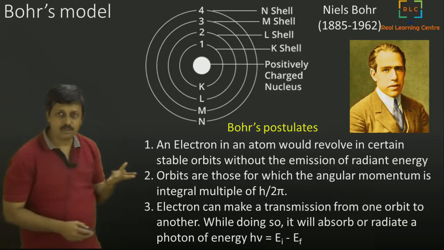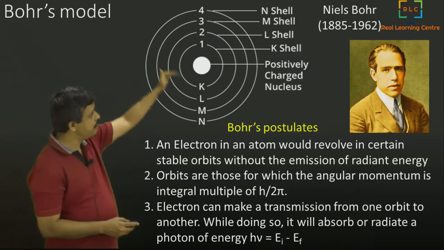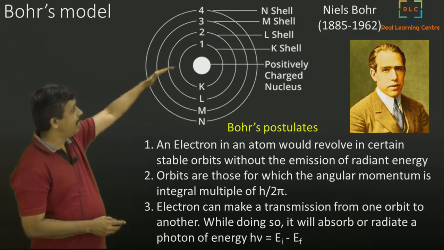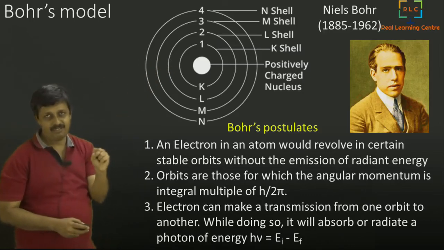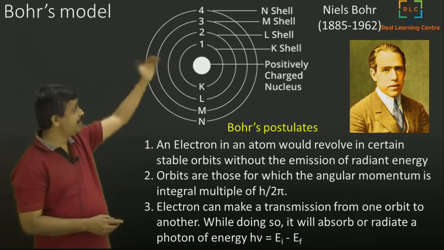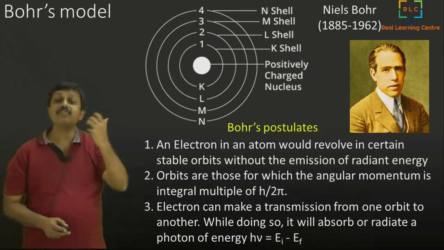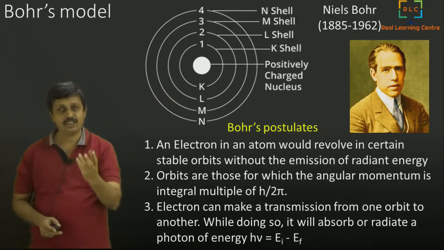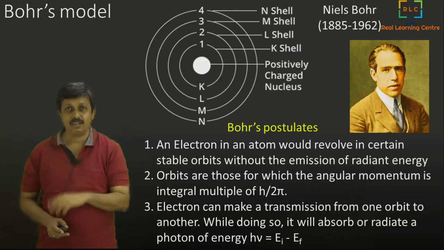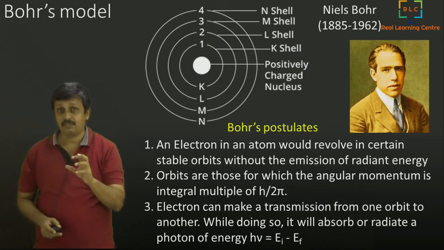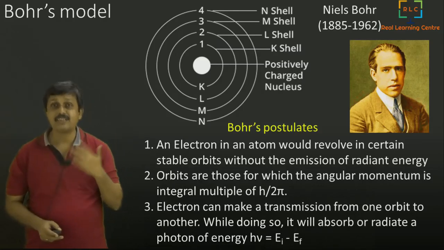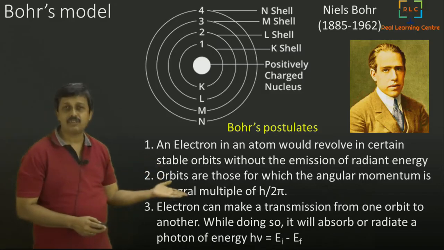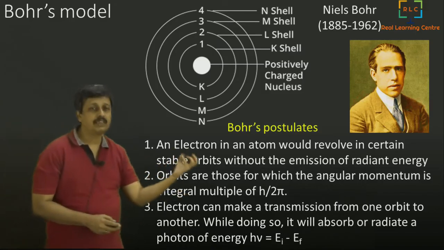When it is going from a lower orbit to a higher orbit, it absorbs radiation. And when it is going from a higher orbit to a lower orbit, it gives out radiation. The radiation, he called it a photon. He even gave the photon's energy as h nu, which is nothing but Planck's constant times its frequency.